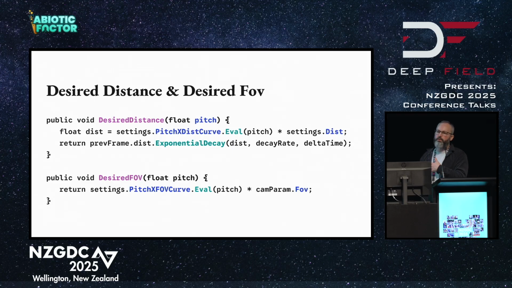But that means if you later on have parts of your game where you want a shorter distance, and parts of your game, let's say you're going outdoors and you want a way bigger distance outside, you're going to have to construct another curve and blend between two curves while you're blending. And so my recommendation is to just make your pitch times distance curve just be a multiplier which applies over your desired distance.